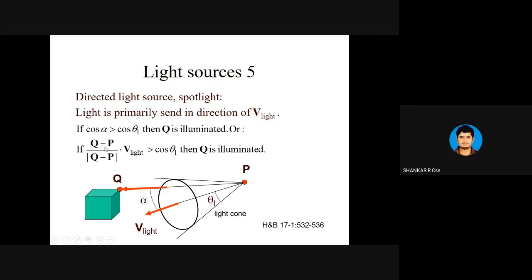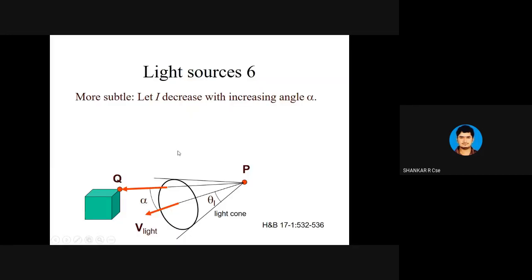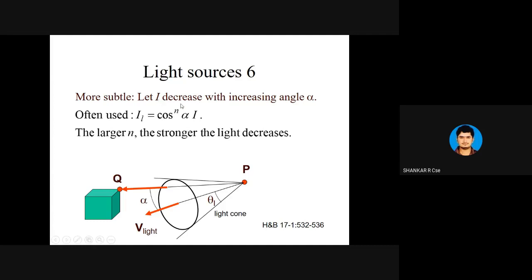Second way to put this is in the dot product vector form: Q minus P divided by the magnitude of Q minus P, into V light, should be greater than cos theta 1. One more way is something like this. Of course, the intensity will decrease with this. So you can see here, the larger the n, cos square alpha, cos cube alpha, cos to the power 4 alpha.